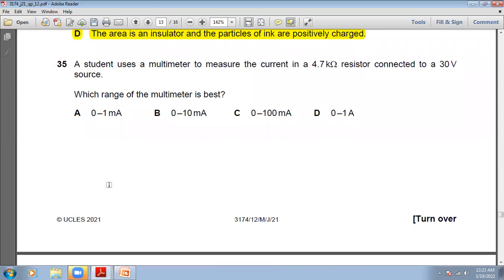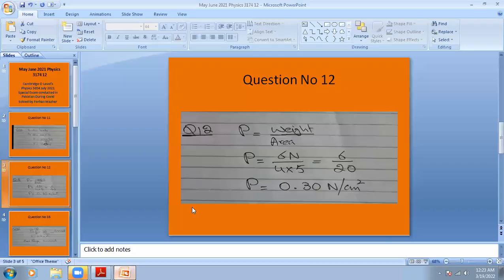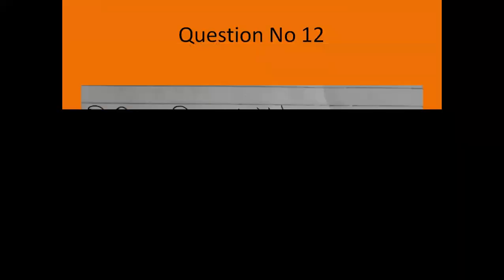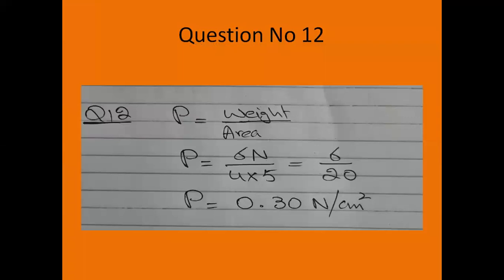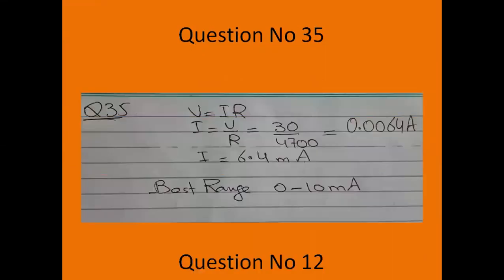A student uses a multimeter to measure the current in a 4.7 kilo ohm resistor connected to a 30-volt source. Which range of the multimeter is best? Okay, so first of all, we will find how much current is flowing through it. Question number 35.